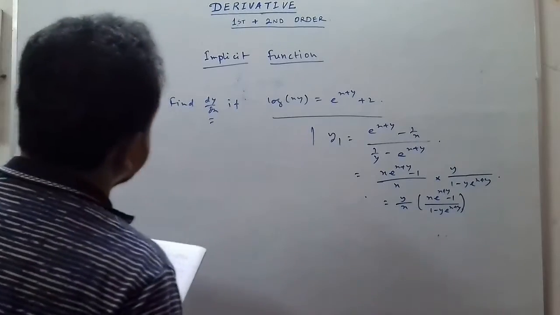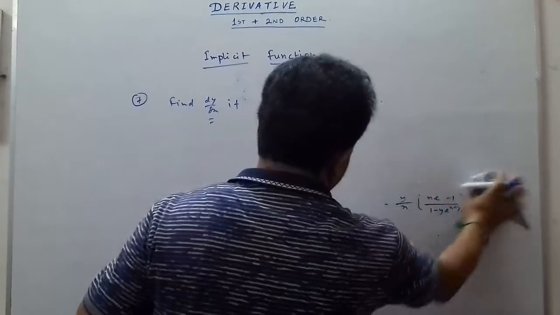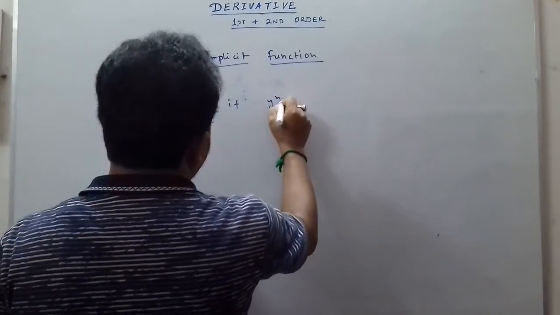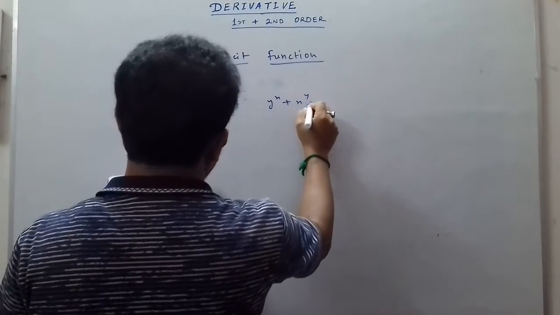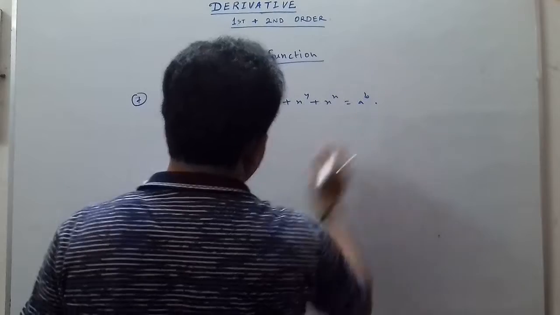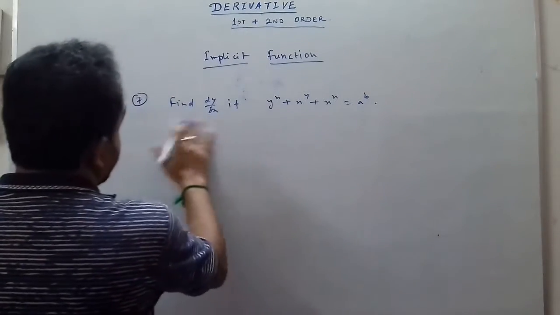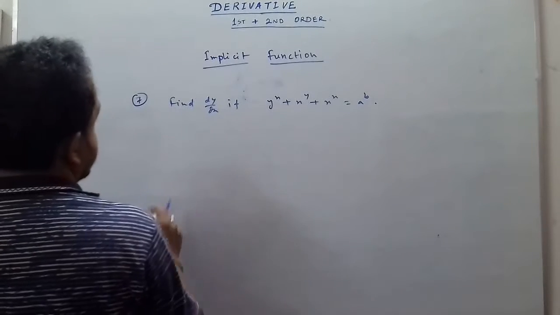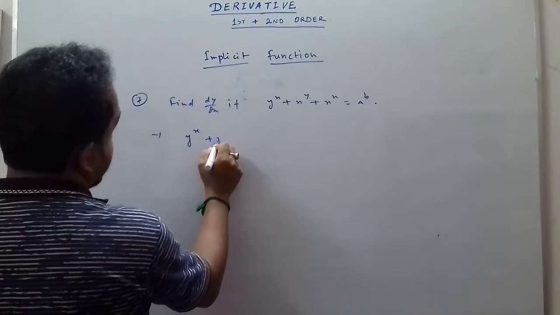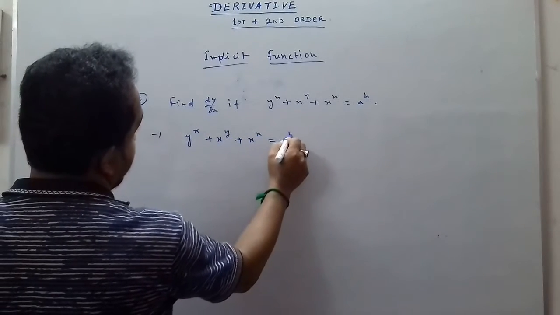Find dy by dx if it is given that y power x plus x power y plus x power x is equal to a power b. Now again we have an implicit function here. So the given function is y power x plus x power y plus x power x is equal to a power b.